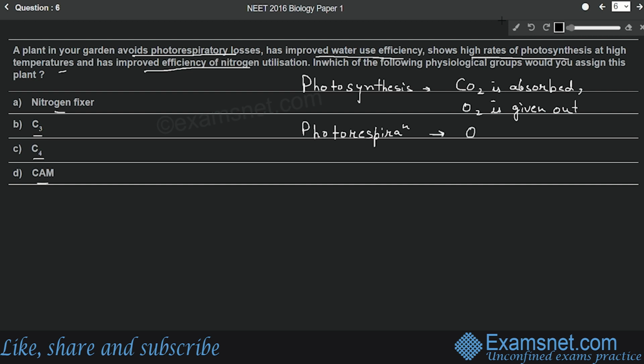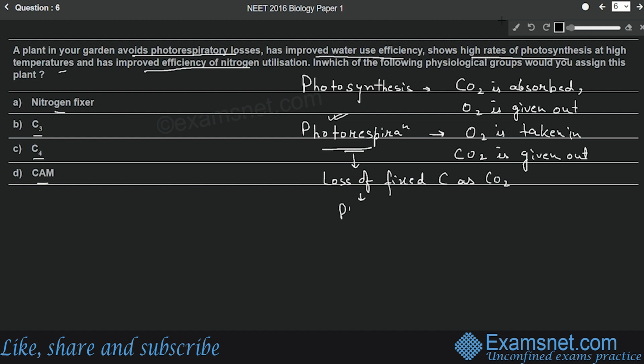That means oxygen is absorbed or taken in, whereas carbon dioxide is given out. So we can say that in case of photorespiration, there is loss of fixed carbon as carbon dioxide. Therefore, it causes photorespiratory loss, right?